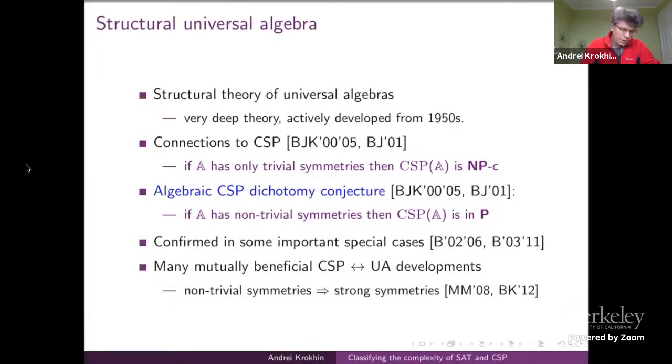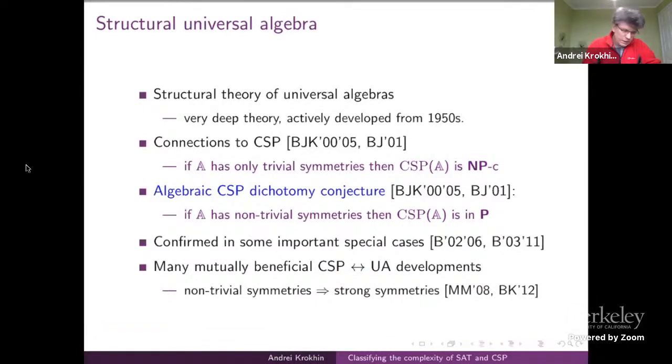This conjecture was actually confirmed in some important special cases by Bulatov. For example, for the case when A has a 3-element domain, or when all unary relations are available. And actually, there were very many mutually beneficial developments between CSP and universal algebra.